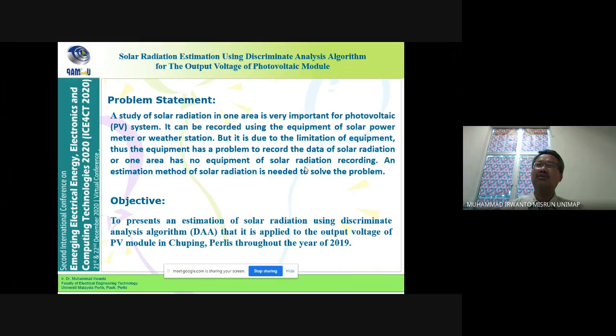But we know that before we apply a photovoltaic module application system, we need the solar radiation. So to solve this case, an estimation method of the solar radiation is needed.